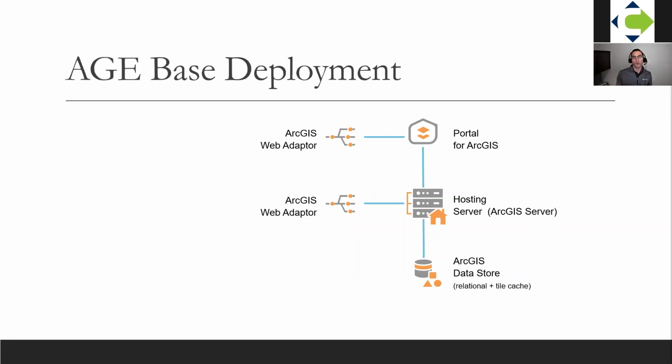A lot of these are, but this one is important because there's your own data store, which would be what we call the lowercase data store, versus the proper case Data Store. That is an actual software component that you download and use and is part of this base deployment. This is where, like in ArcGIS Online, your hosted data, so data that would be stored outside of your enterprise database, would be going to this Data Store.